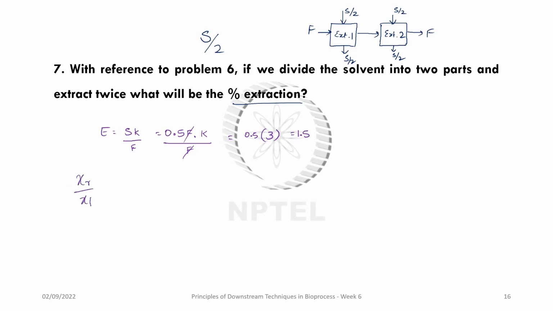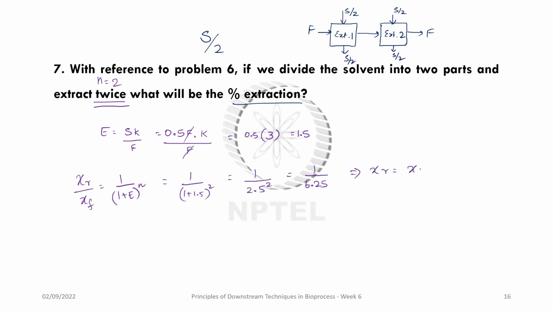So next, what are you doing? XR by XF is equal to 1 by 1 plus E, and since this is twice, you're going to have N here. So N is equal to 2. 1 by 1 plus E the whole square. So 1 by (1 plus 1.5) square, that is 1 by 2.5 square, which is 1 by 6.25.